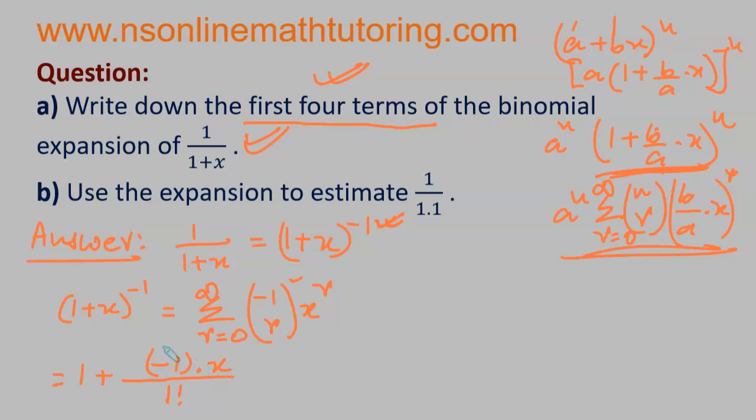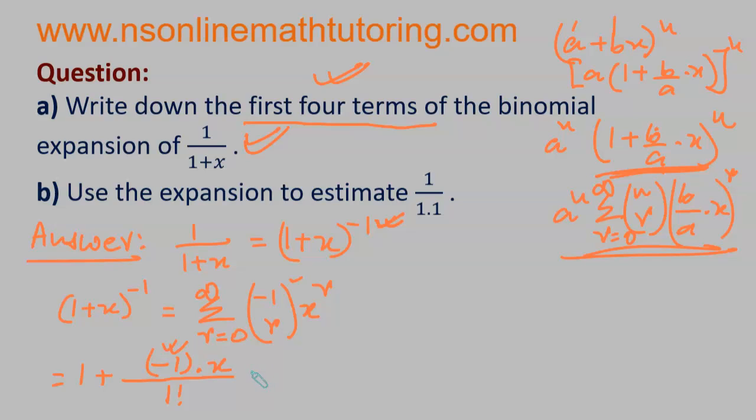And I have shown you in detail in my previous video why this numerator will be having a single factor when r is equal to 1. If you have not watched that video and you are getting confused by watching this video, please do watch the previous video first and then come to this session, okay? Everything will be clear to you. So this one is the second term of this expansion.